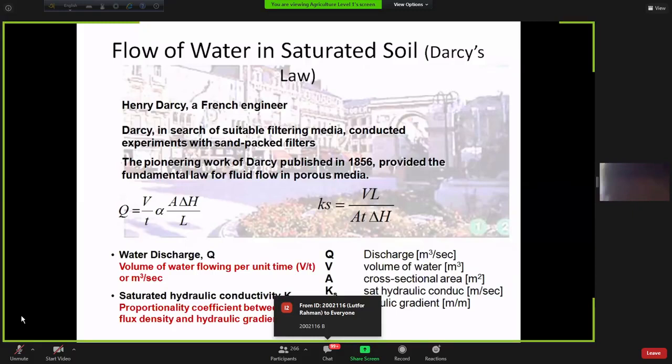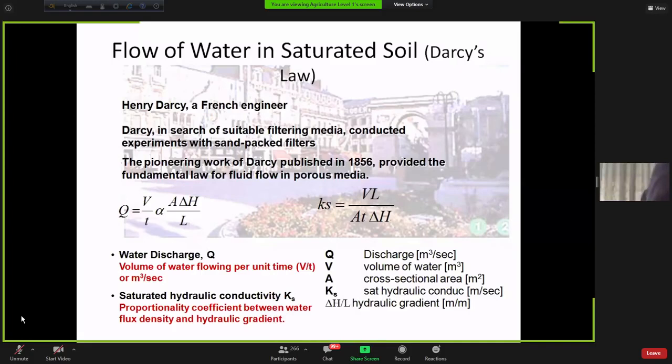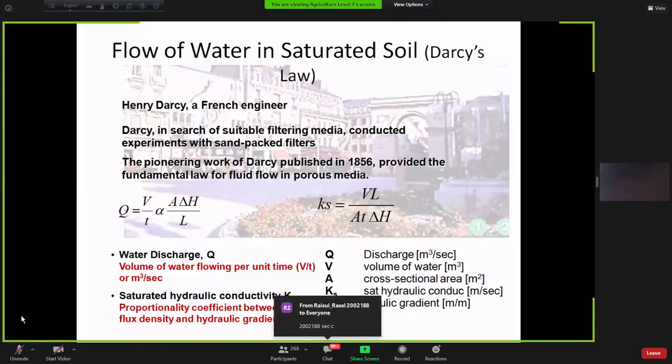First one, Q proportional to V by t, Q proportional to delta H, Q proportional to A, Q inversely related to L. Then from these three observations, we can write the equation V by t proportional to A delta H divided by L, which we can rearrange to Ks equals VL divided by A t delta H, the saturated hydraulic conductivity equals volume into distance divided by cross-section area into time into delta H.